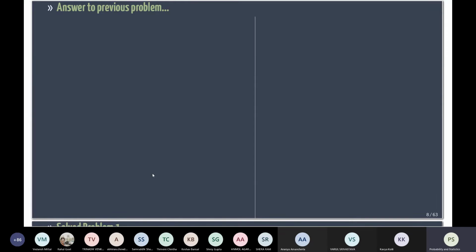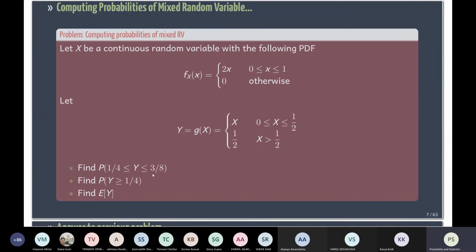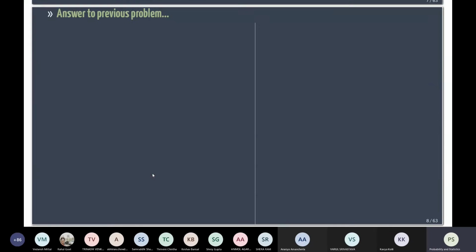Let us do this simple example of a mixed random variable where we have to compute probability. The first question was the probability that y is greater than or equal to 1/4 and less than or equal to 3/8. So I write this here. What we have to find is the probability that y is between 1/4 and 3/8.